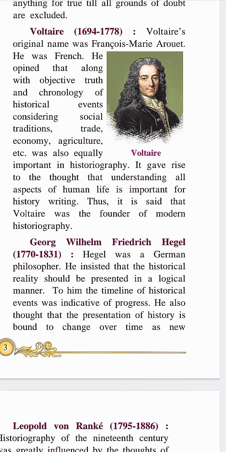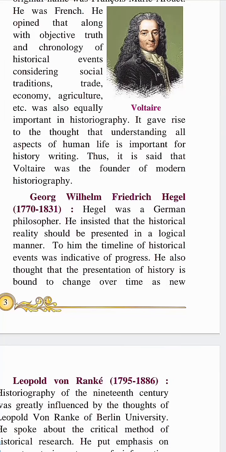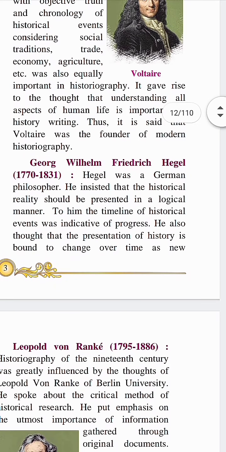The next notable scholar I am going to speak about is a German, Georg Wilhelm Friedrich Hegel, 1770 to 1831. Hegel was a German philosopher. He insisted that historical reality should be presented in a logical manner. To him, the timeline of historical events was indicative of progress.